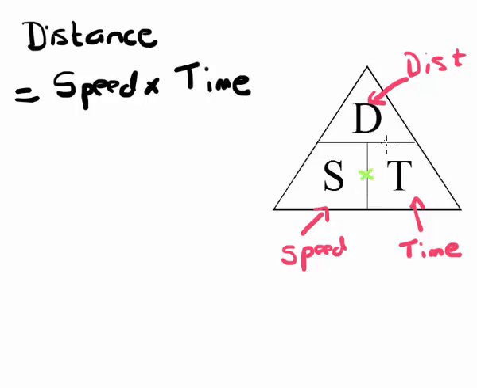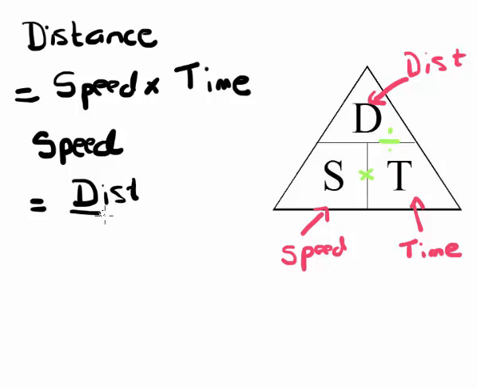Okay, now, if we need to calculate our speed, then our speed is at the bottom, we have distance at the top and time at the bottom. So, in fact, we are going to be dividing. Our formula for speed is equal to our distance divided by the time.